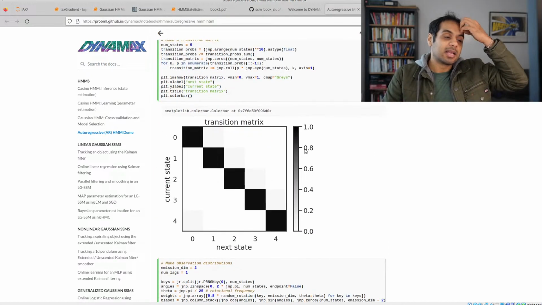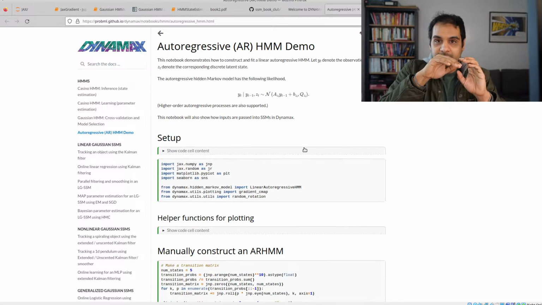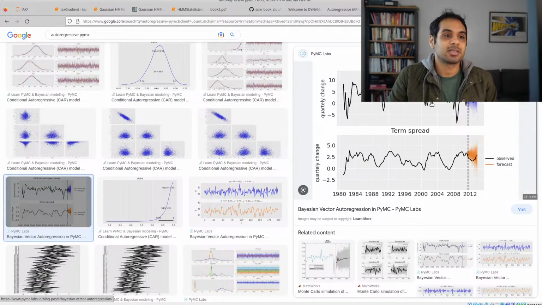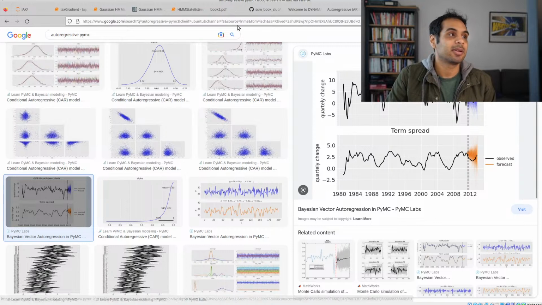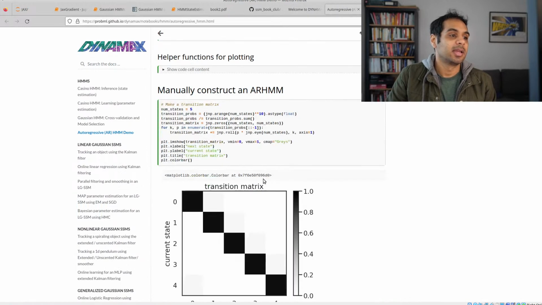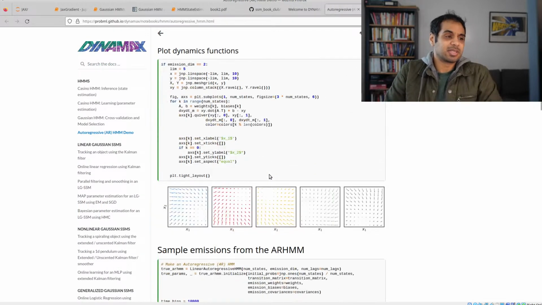Now, typically when you see time series forecasting problems with autoregressive models, they look like a traditional time series that just increases. This is the traditional simplification used for a lot of time series libraries. But because Dynamax is such a wonderful library, you can model all sorts of stuff.